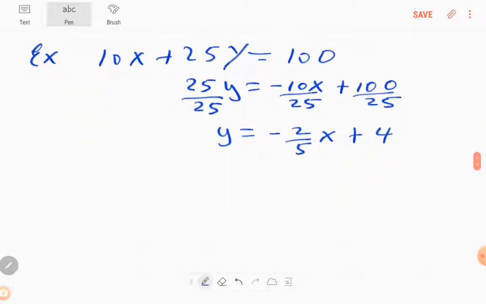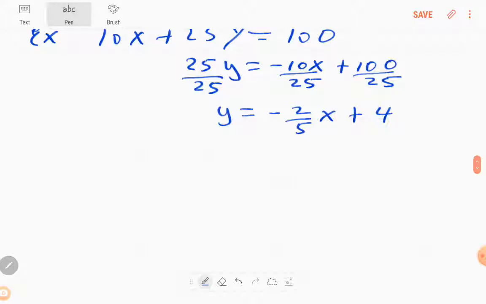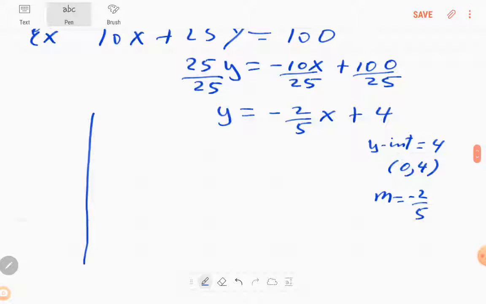So our y-intercept is equal to 4, and the point is (0, 4), and the slope is minus 2/5. Okay, so here, this is our y-axis.